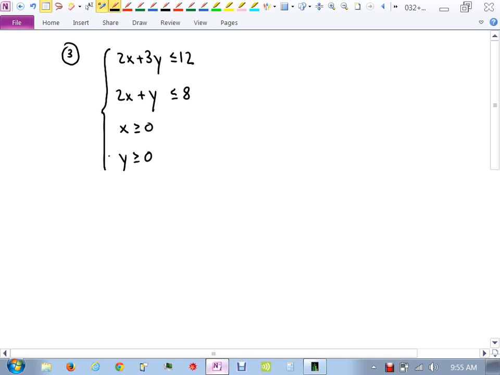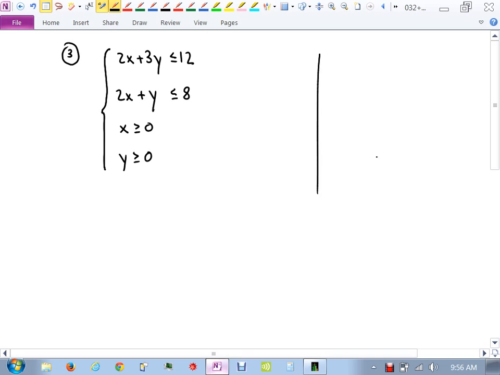So if I took off the x greater than or equal to 0 and the y greater than or equal to 0, I would have exactly the problem we just did, right? The last two inequalities just add a restriction to where we can shade.